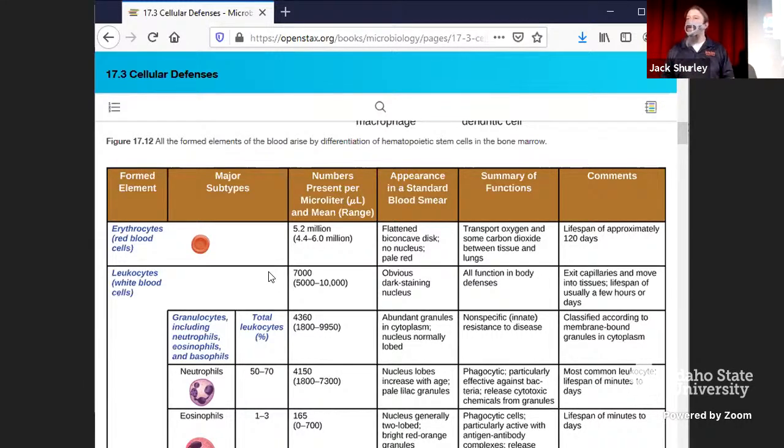And then you start seeing the actual nucleated white cells. And when you're doing blood counts, that's really what we're thinking about, the leukocytes. What sort of percentages do we have going on?